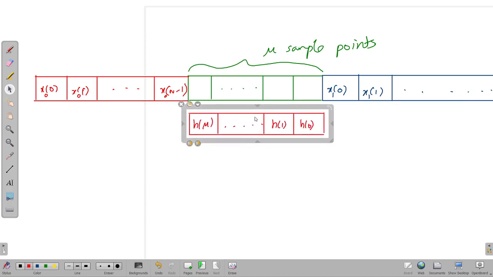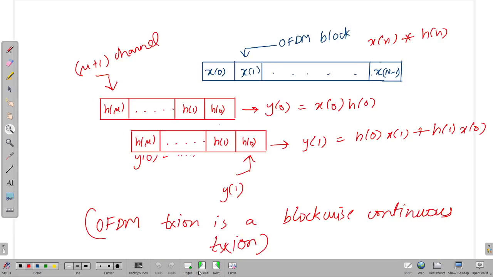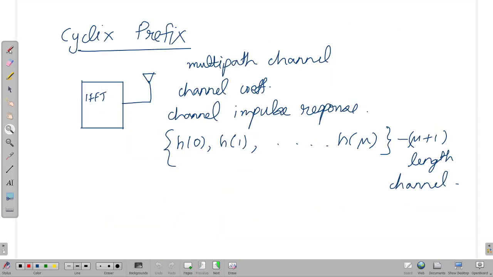But again, a problem arises at the receiver. Let us see how the signal structure is. Let me go to the first diagram. You have an IFFT performed, that is, you have converted the frequency domain x of f into time domain x of n, and then you are transmitting this through the channel, and the channel gives you a linear convolution, x of n convolved with h of n.